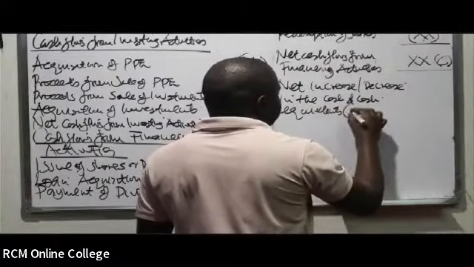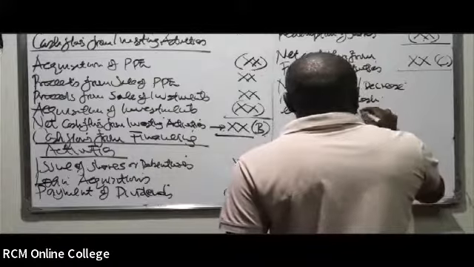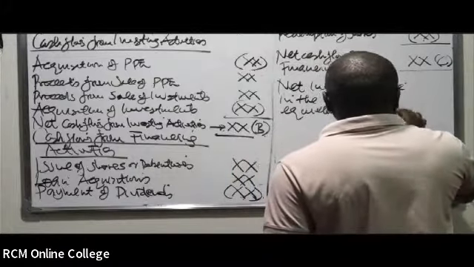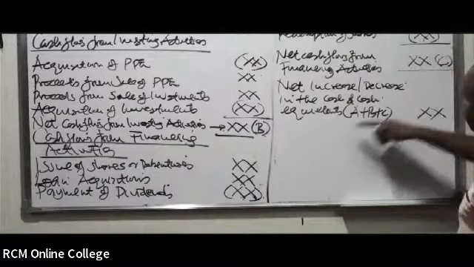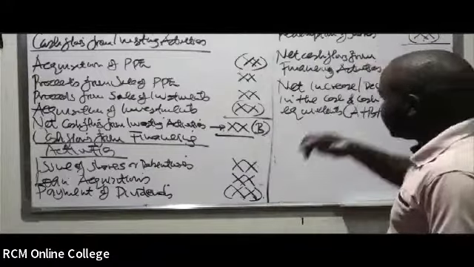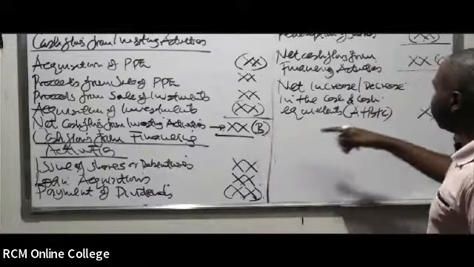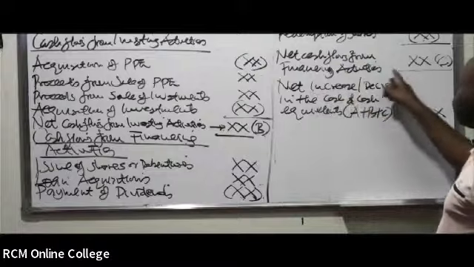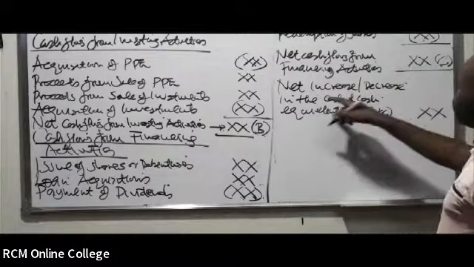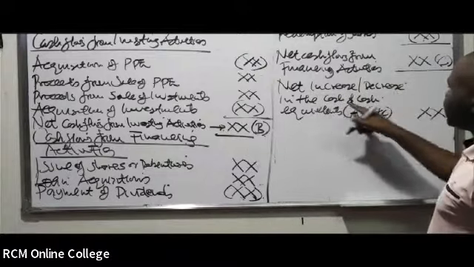And how do you get this? You take A plus B plus C. You see why I was putting a B here? It's because of this final place here.